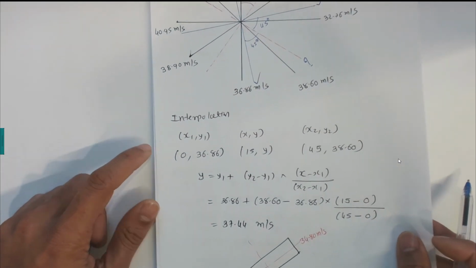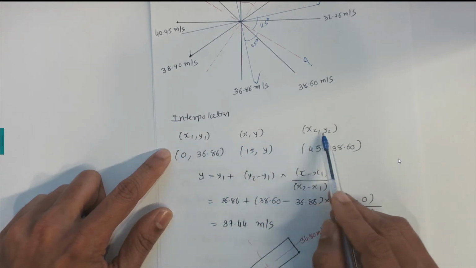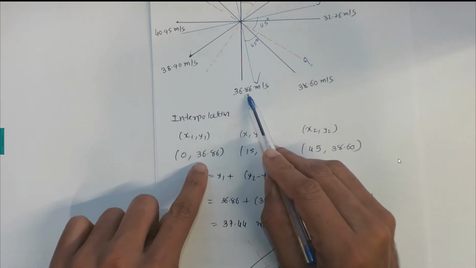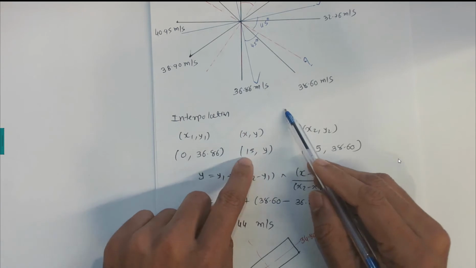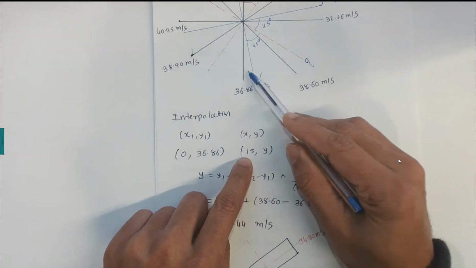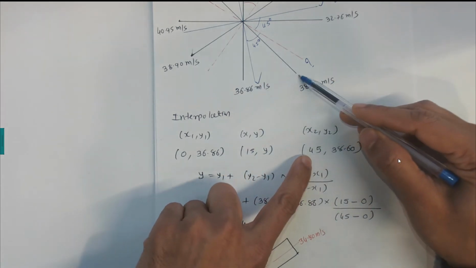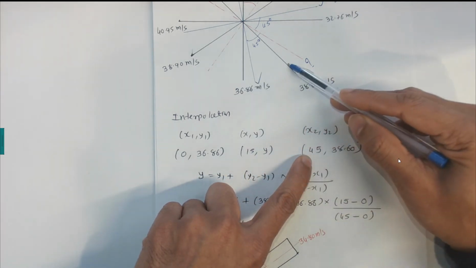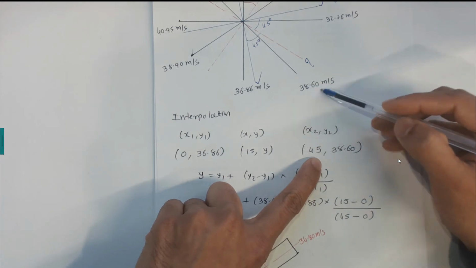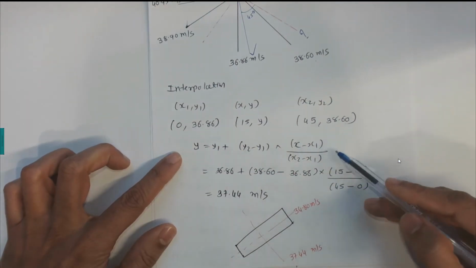Now for this case, we again use x1, y1, x0. Take the reference here, 0, 36.86, that's the angle. 15 degrees from here, so that is 15, and we need to find the velocity here. x2 is 45 degrees, so 0 to 45 degrees, 38.60. That's the interpolation equation.